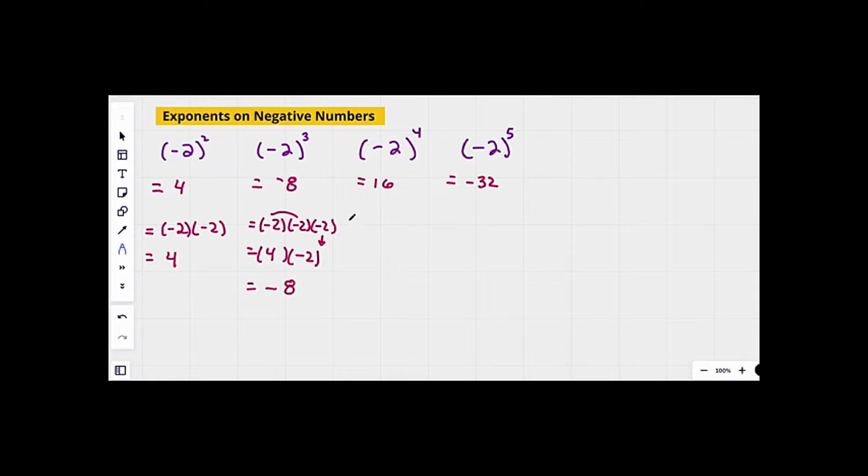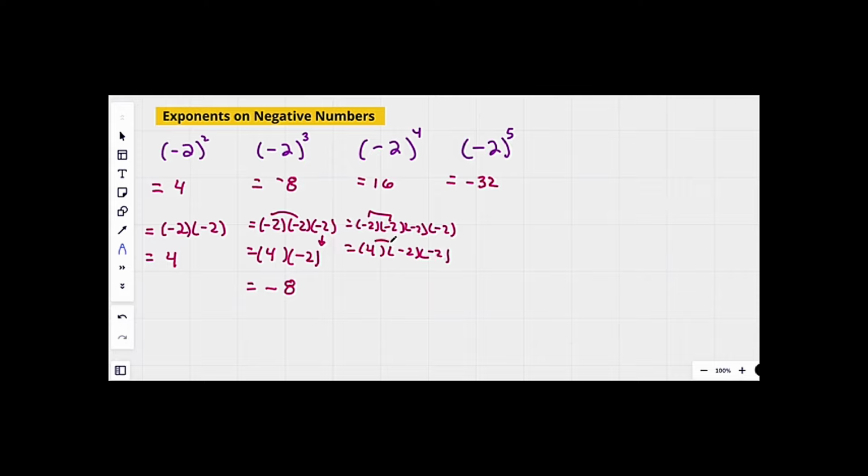Okay, let's do our next one. So if we've got negative 2 to the power of 4, we technically have negative 2 4 times. So negative 2 times negative 2 times negative 2 times negative 2. So if we do this by steps, negative 2 times negative 2 is positive 4. Now let's continue here. We'll bring the rest down.